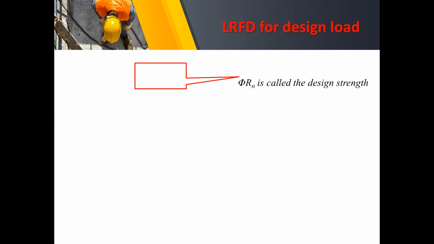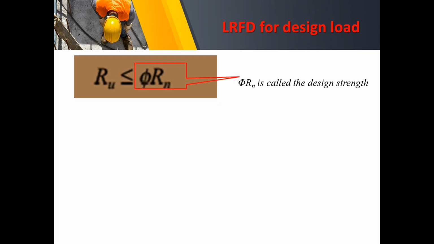So considering the load and resistance factor design as a design load, we agreed last time that Ru should be less than or equal to phi Rn, wherein Ru is the sum of all the loadings, whether it is an actual load or a couple.